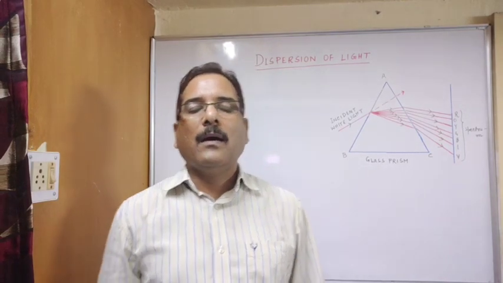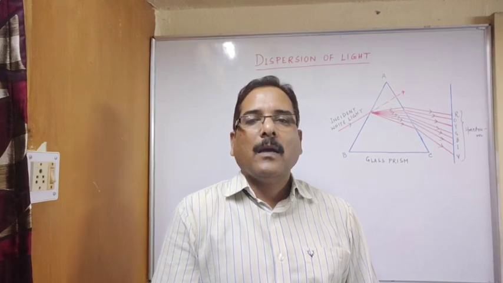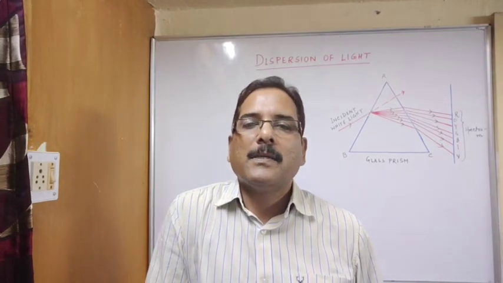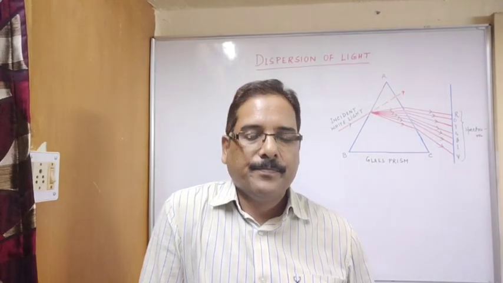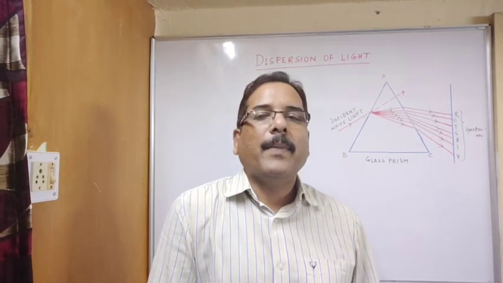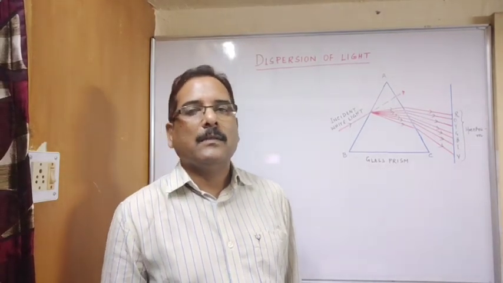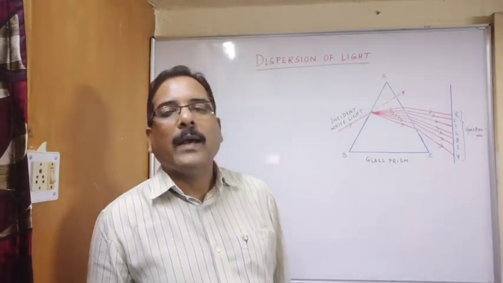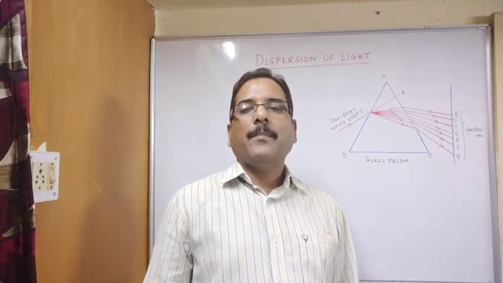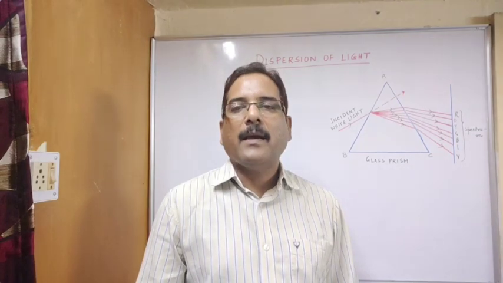This phenomenon is known as dispersion of light, and the band of 7 colors is known as a spectrum.